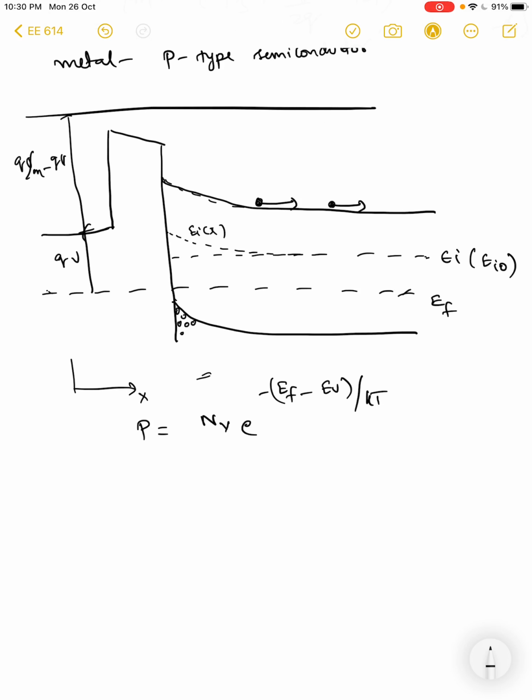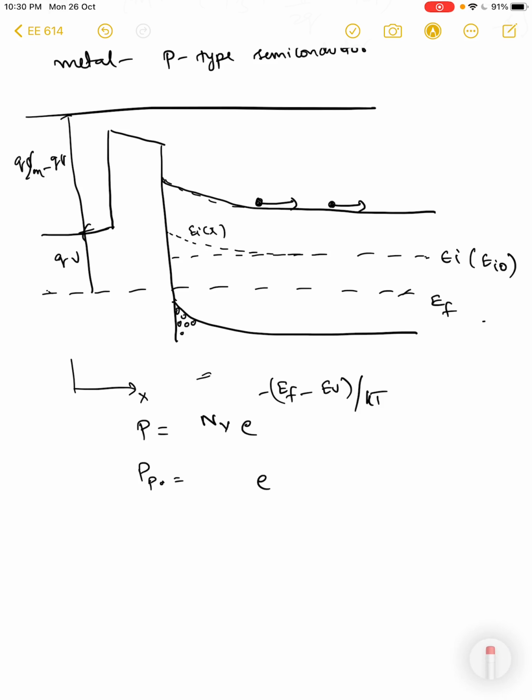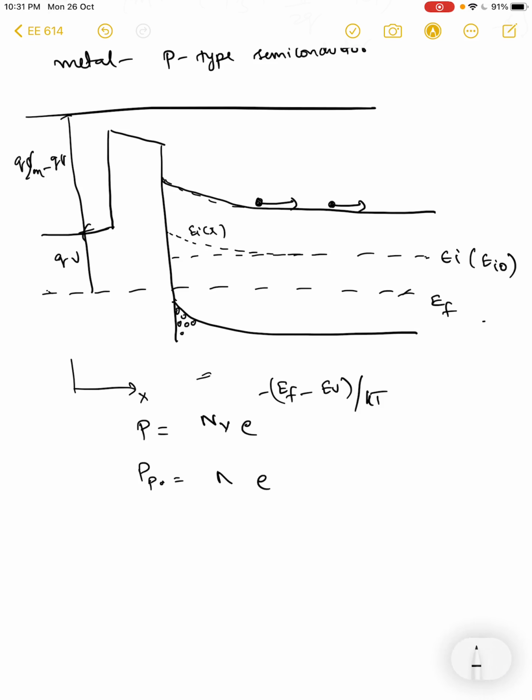And at any point in the semiconductor, the intrinsic hole concentration in p-type is Ni, sorry, e power EI minus EV by KT.